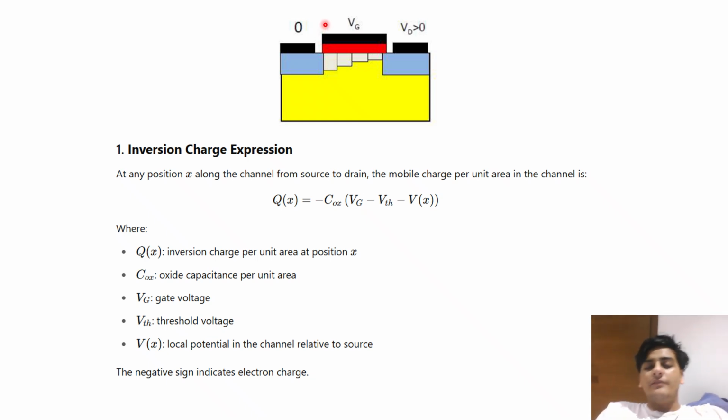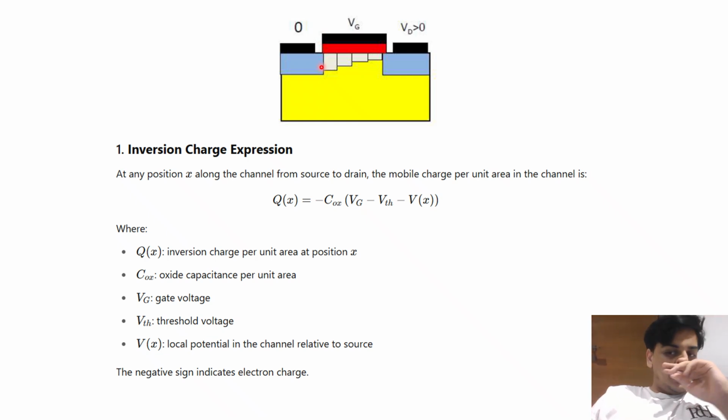Generally speaking, this terminal of yours is grounded. So when we are applying Vg, we are applying it with respect to this terminal. So at this end, you get the complete Vg minus Vth corresponding charge. And since this end has a voltage here, as you move towards this end, you need to subtract that voltage.